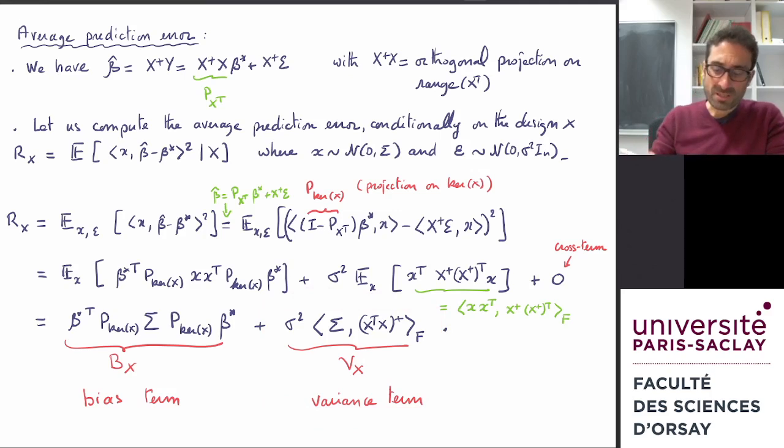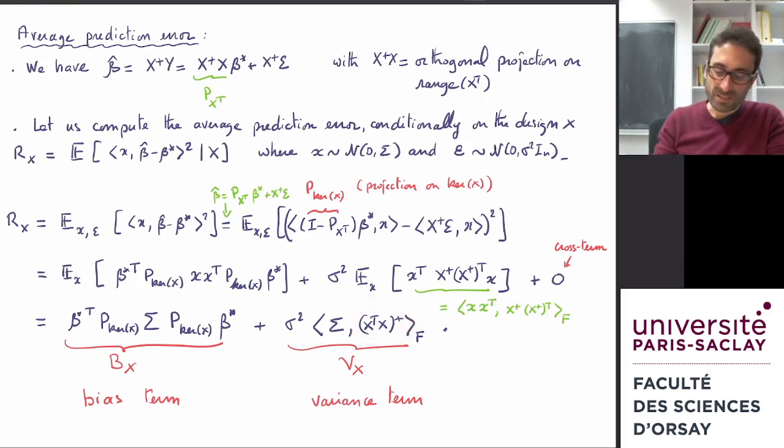It is something quite simple: you have the covariance sigma of x, and this matrix here, which is the Moore-Penrose pseudo-inverse of X transpose X, and we take the Frobenius scalar product between the two. So essentially, we have to understand how this matrix behaves.